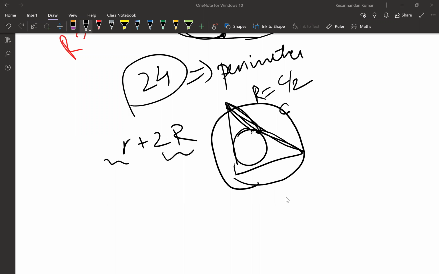I took the main diameter as 10 and the other two sides as 6 and 8. Okay, then since the radius, 8 minus 5 is 3. How did 5 come? The radius would be the same as the other part of the remaining side of the triangle. Acha, you used that approach.